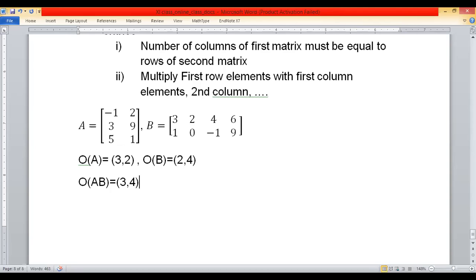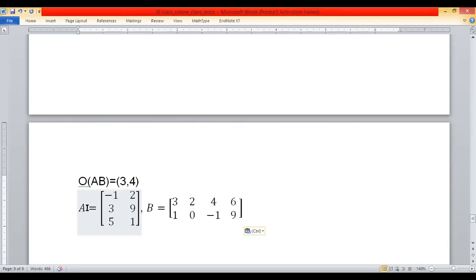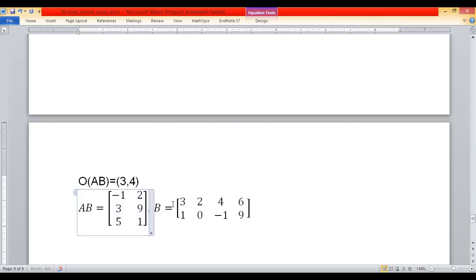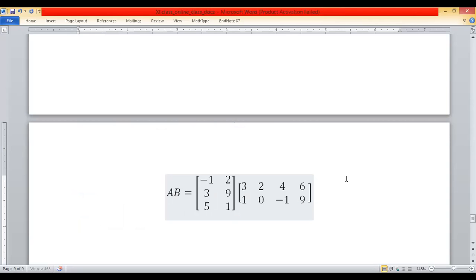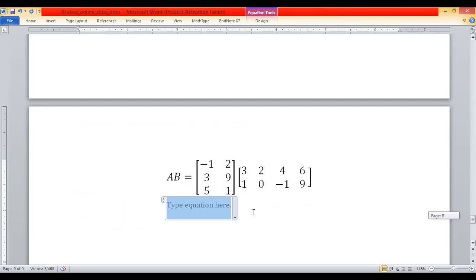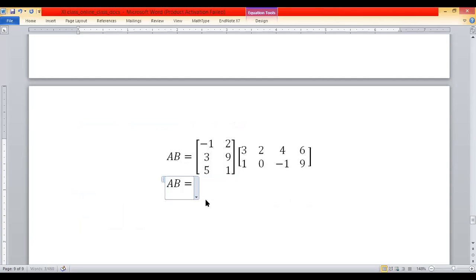So let's try. How can we multiply A with B? So you have to write here AB, and so you have to multiply first row, first column.